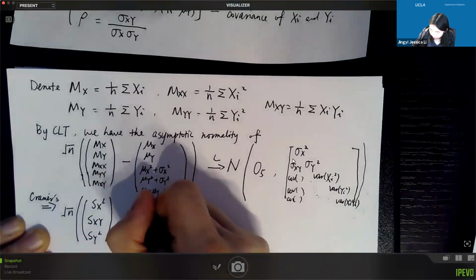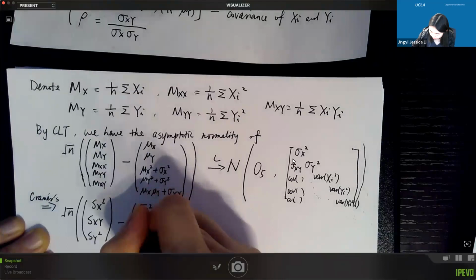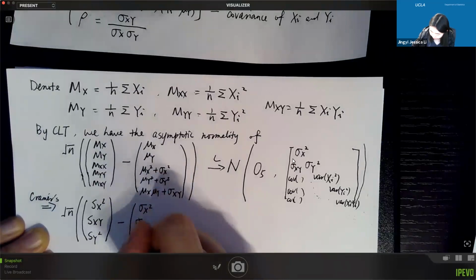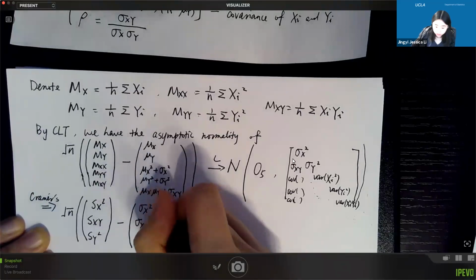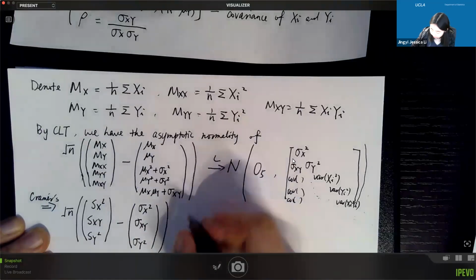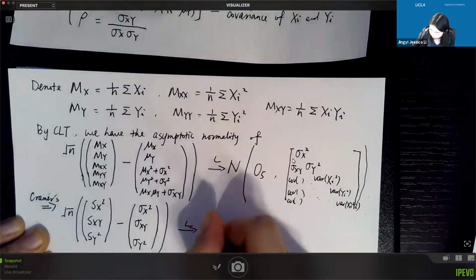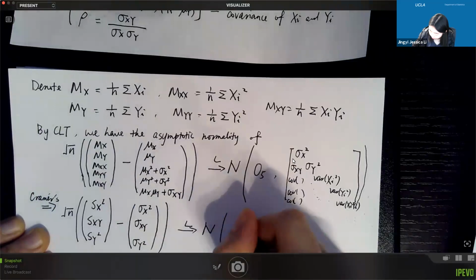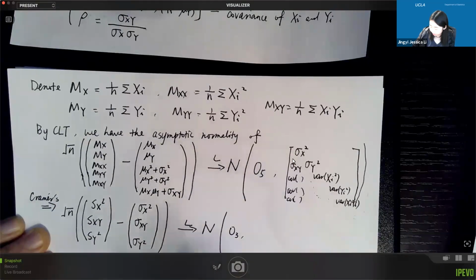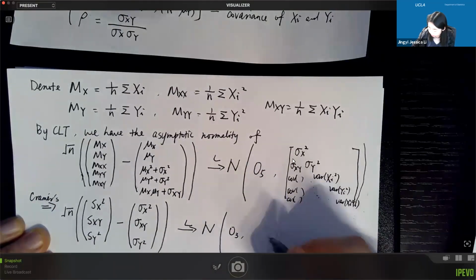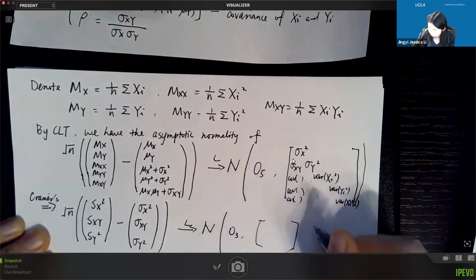Here, their means are sigma x squared, sigma xy, sigma y squared, into something normal. And this normal is 3-dimensional, okay? But there needs to be a 3 by 3 covariance matrix here.